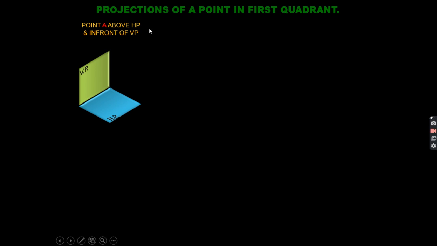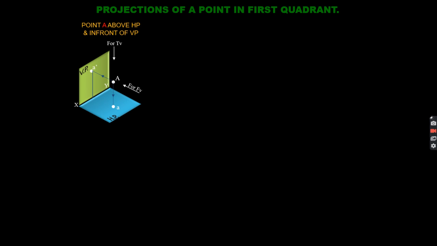Your point is above the HP, means this is your horizontal plane, so the point will be somewhere here, and in front of VP. Okay, this is your XY line and this is your point. So drawing the front view and top view like this. So in 3D you can see this is your A dash and this is your A.